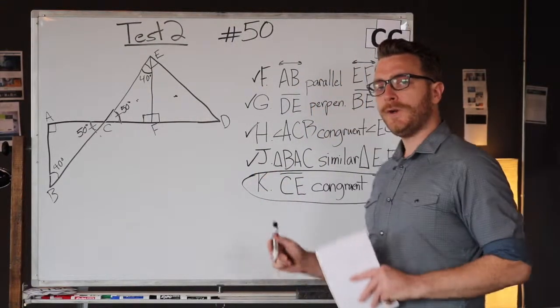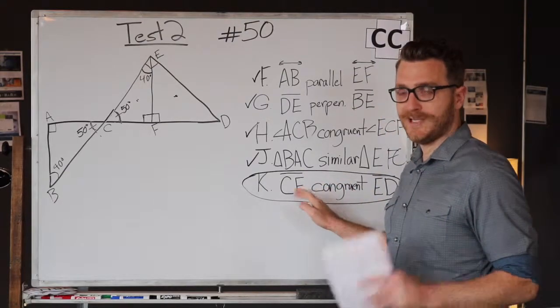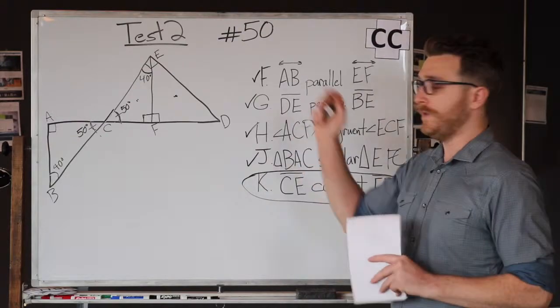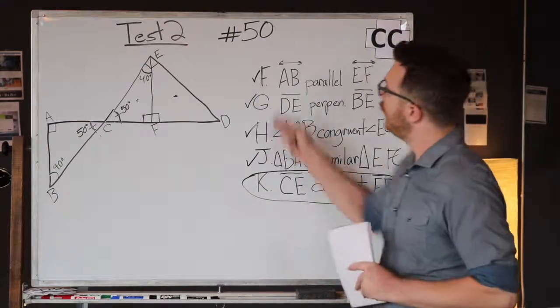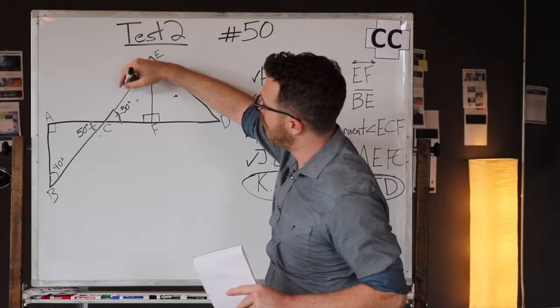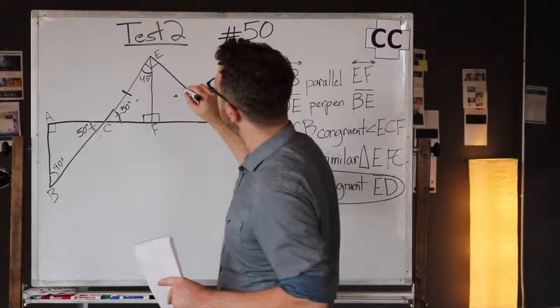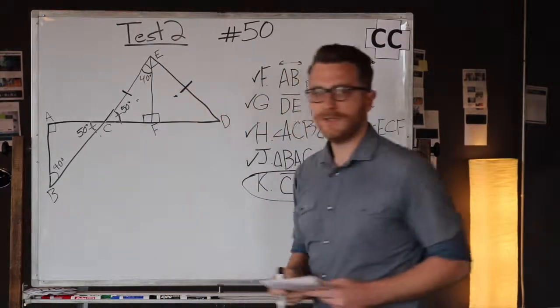But let's look at what it's asking and show why the last option is not justifiable with the given information. Let's dive in. So CE, this line segment here on this triangle, is it congruent to ED? Let's check it out.